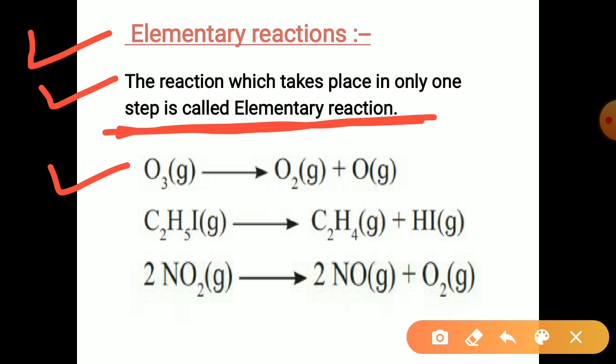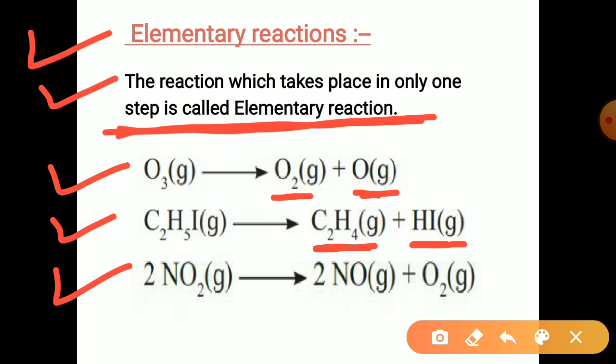Say, ozone gets degraded to molecular oxygen and atomic oxygen. Ethyl iodide undergoes chemical change to form ethene and hydroiodic acid.